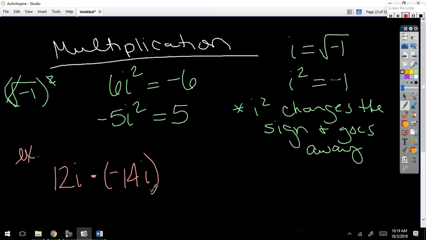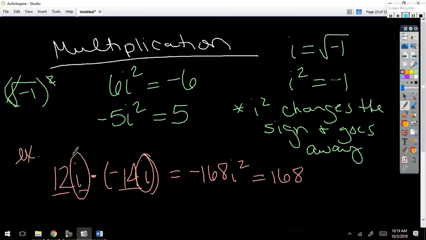Think about them as if they were x's, because you're going to do the same thing. What do you do when you're multiplying? Multiply the coefficients. So what is 12 times -14? Okay, -168. And then i squared, because you're multiplying two i's together. And the i squared changes the sign to positive.